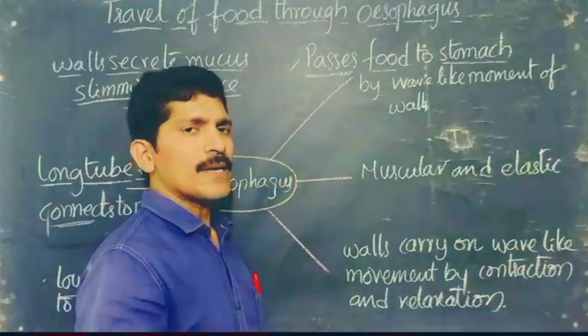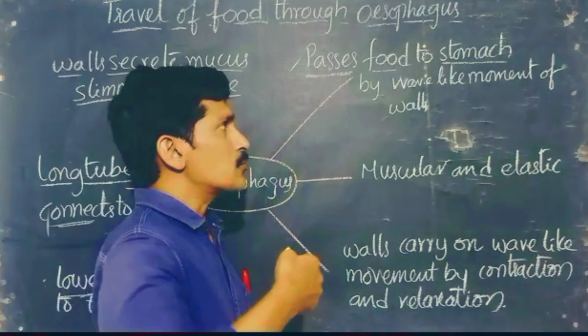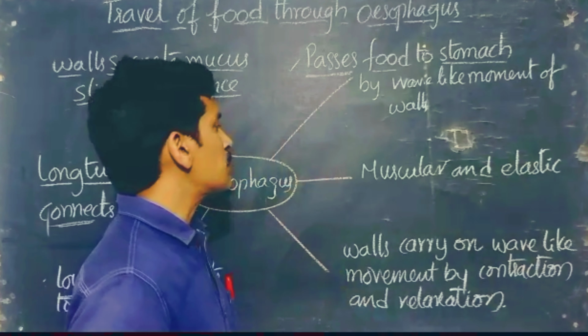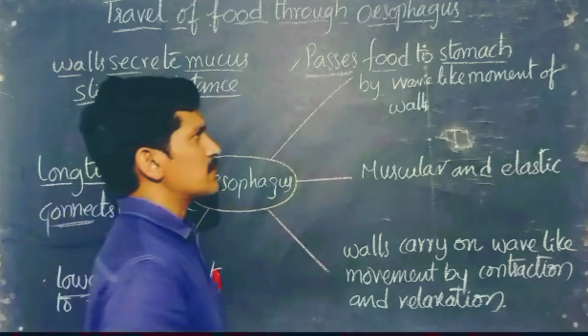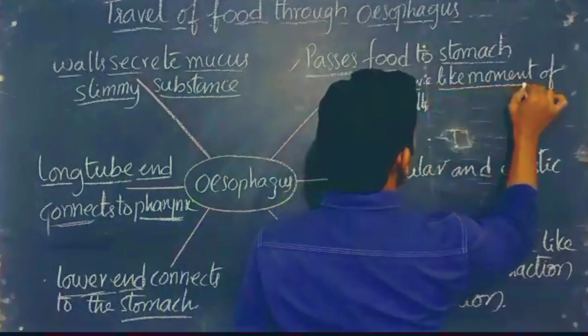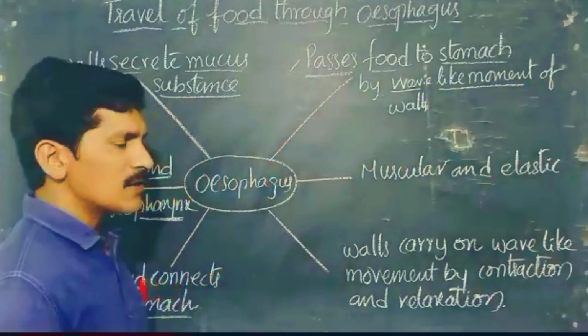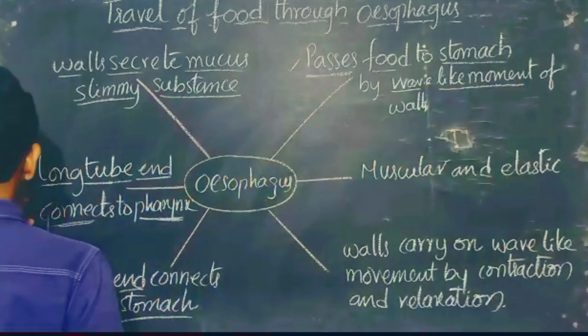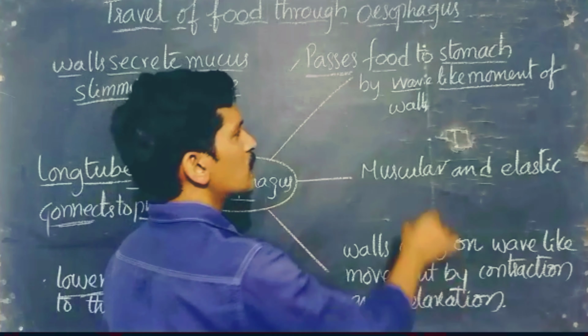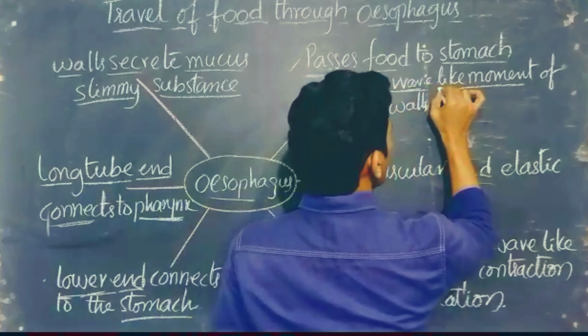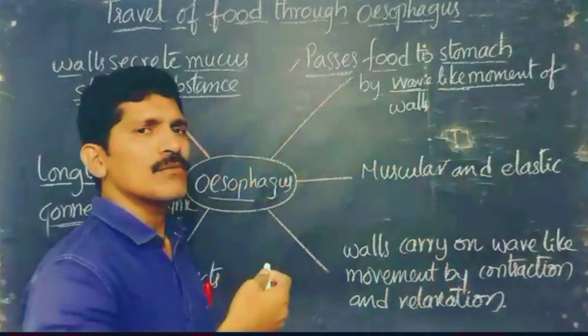And how does the food pass to the stomach while it is passing through the esophagus? We see that it's a wave-like movement. When food is passing through the esophagus, it moves with a specific rhythmical movement.